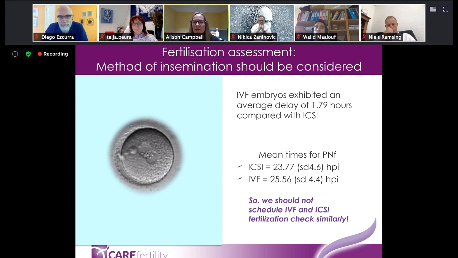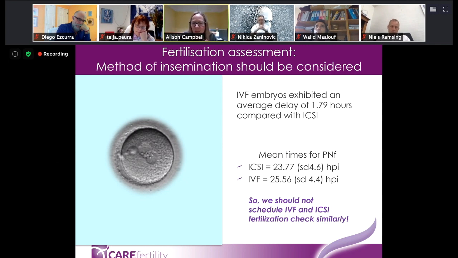So the method of insemination, with IVF embryos in our very large data set, we can say that they exhibited an average delay of 1.79 hours compared to ICSI. And this is at 2PN fading, and it continues. So the mean time for 2PN fading for ICSI embryos was just close to 24 hours, but with IVF, 25.5 hours.